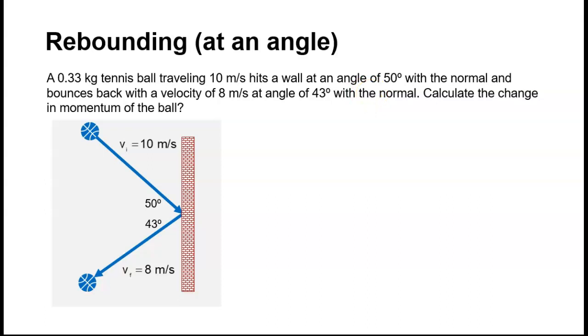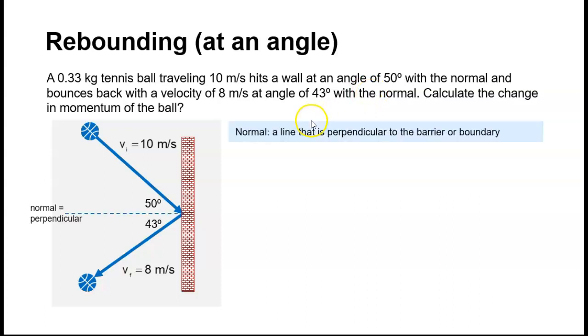All right, so first of all, what's a normal? A normal is a line that is perpendicular to the barrier. So these angles are measured with respect to this normal. So when I have my barrier, I always draw in the dotted line so that now I know what my angle measures are.